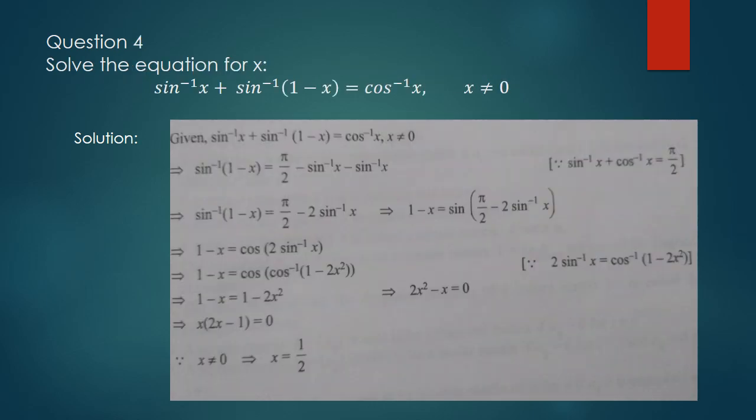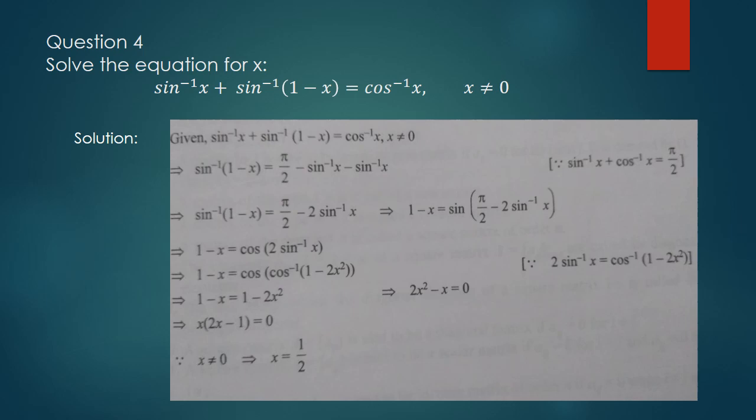Now in question number 4, we have to solve the given equation for x. The equation is sin inverse x plus sin inverse 1 minus x is equal to cos inverse x, where x is not equal to 0.